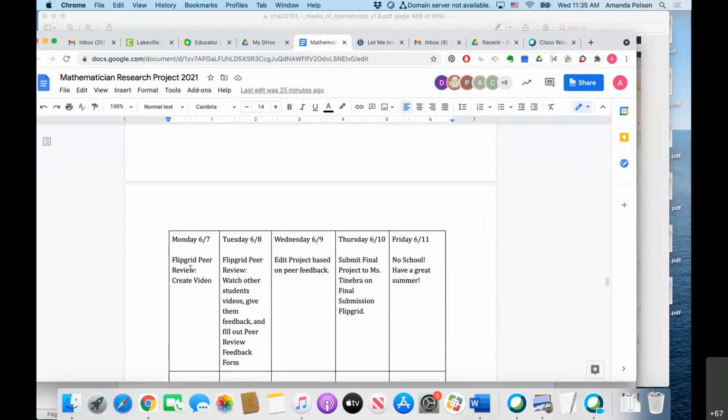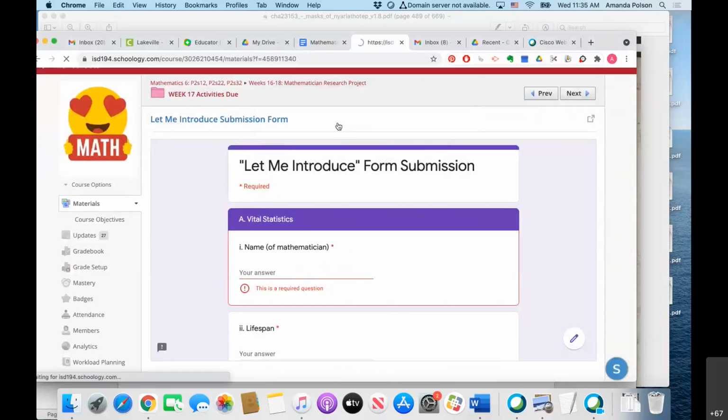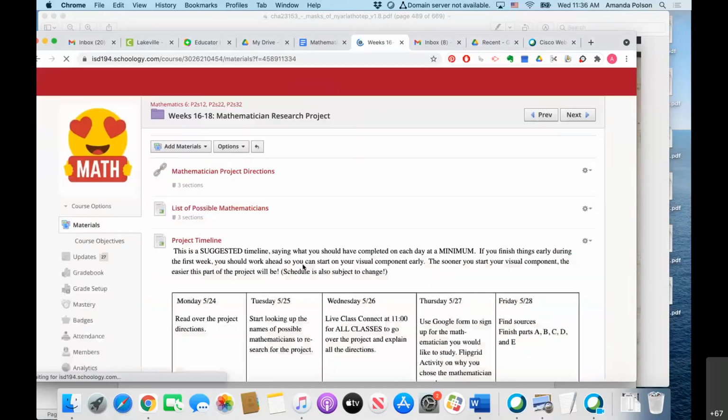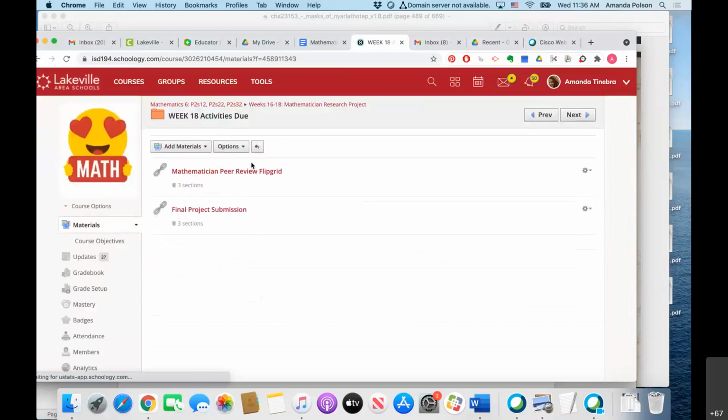So after you create your project, you're going to give your presentation twice. The first time is for the peer review. Back in our folder in week 18, there are two things due. The first one is the peer review Flipgrid.